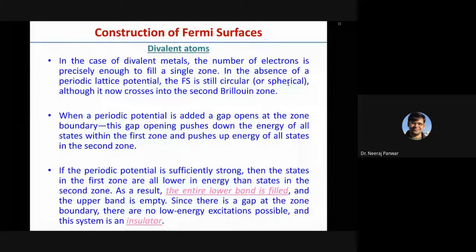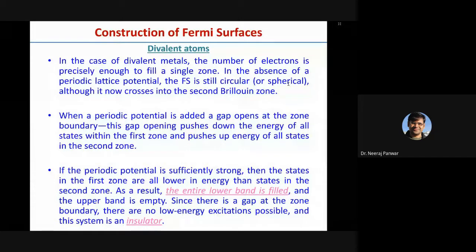So yesterday we discussed the Fermi surfaces and how the Fermi surface will fold in the first Brillouin zone when we do the reduced zone scheme, and we saw that if we have a monovalent atom or monovalent metal, it will have only one electron.